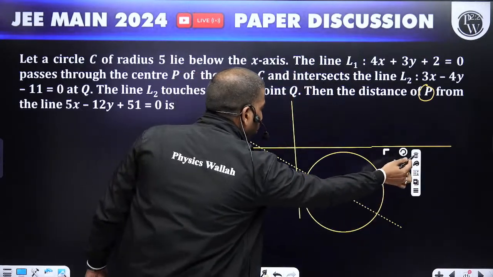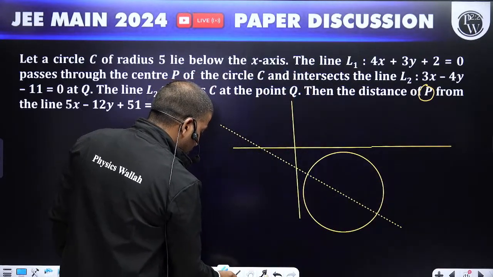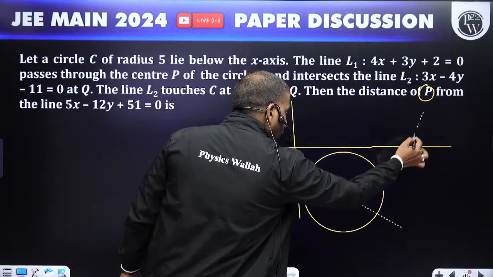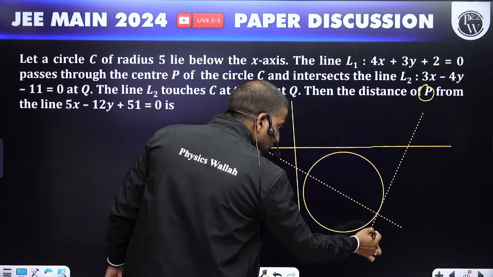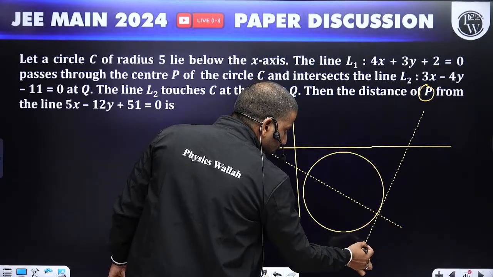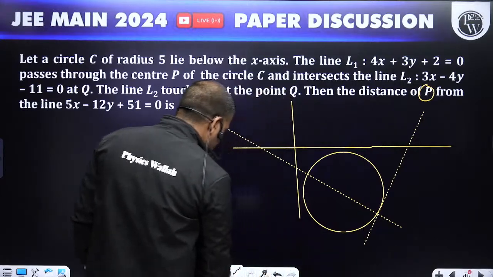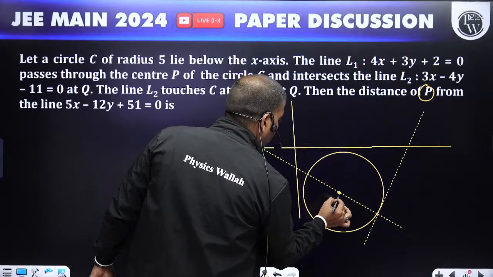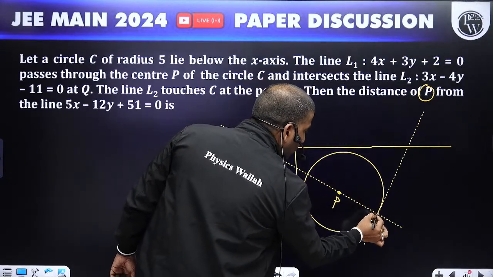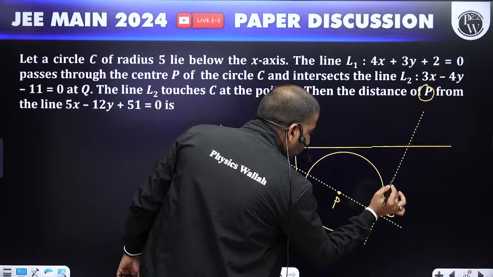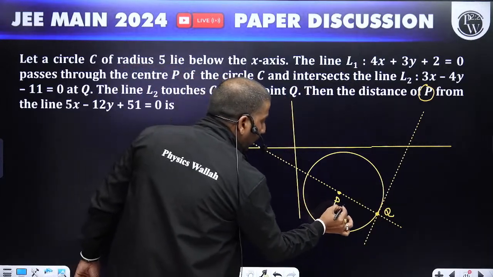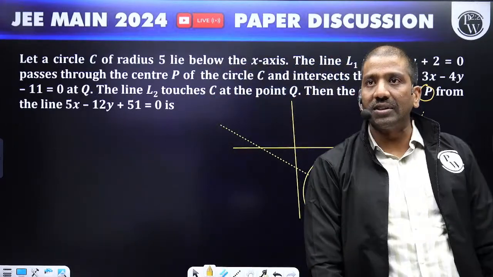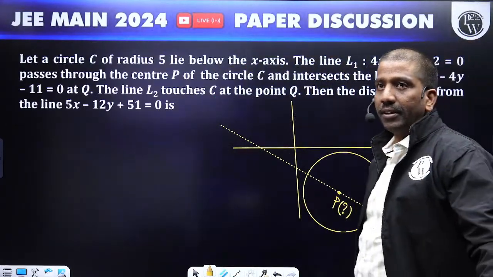Now we have one more line, this is another line. The interesting point here is that the center is P, and these two lines are intersecting at Q. We want to find P. So I will give you a simple, interesting method.